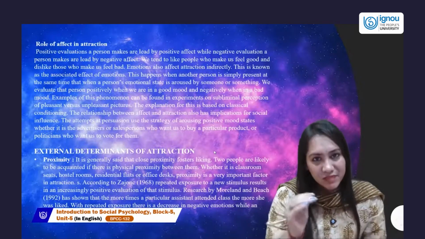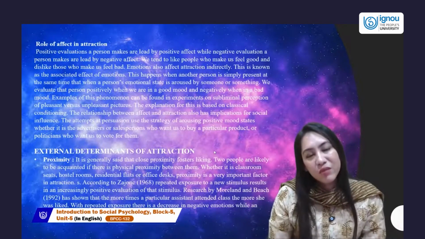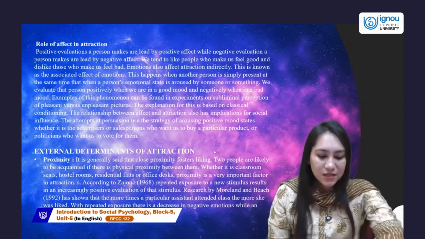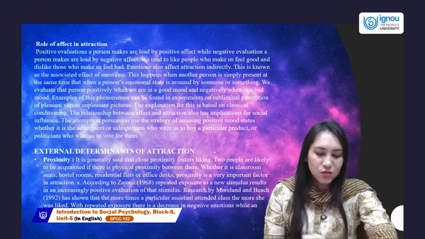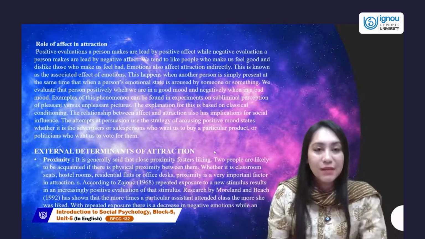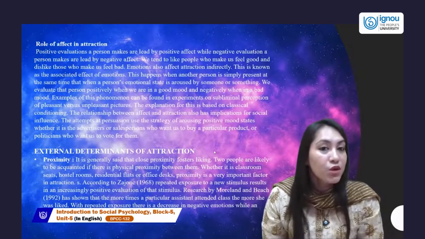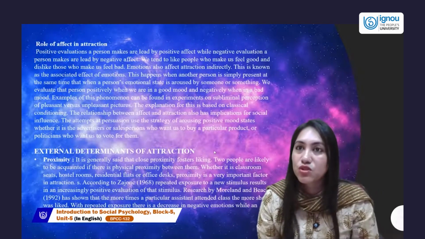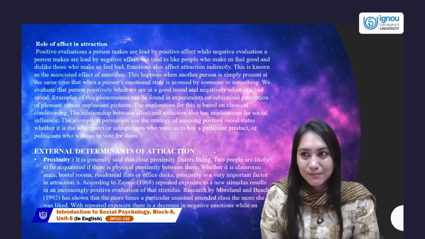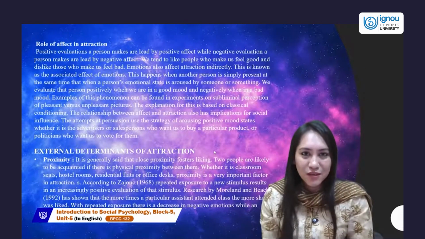Repeated exposure decreases negative emotion, and repeated exposure to positive emotion increases the positive emotion. So that suggests proximity is one of the most important, most impactful features to increase attraction.